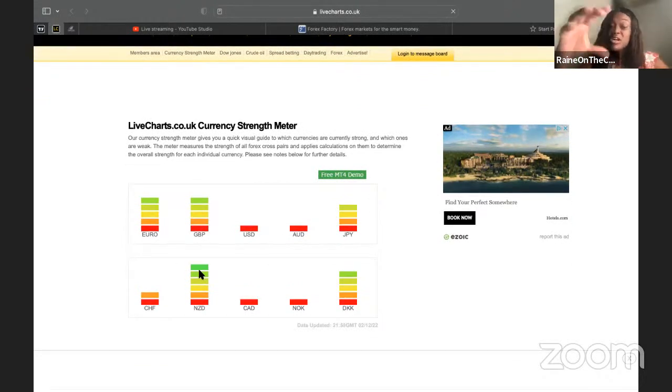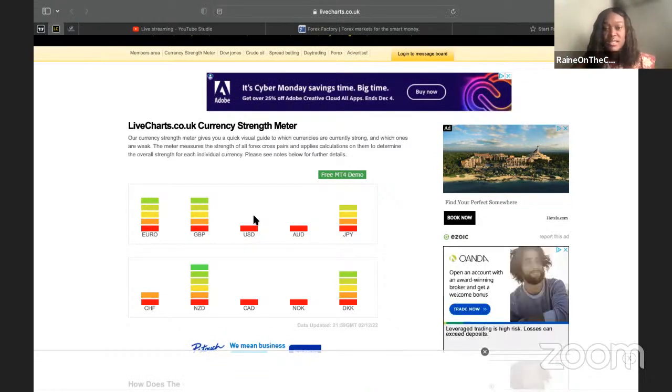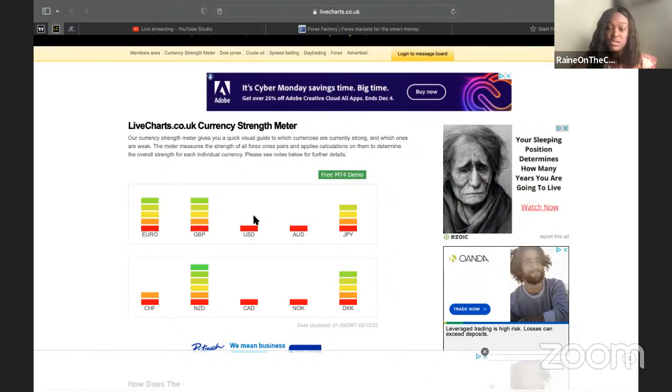So the more bars there are, the stronger that currency, the less bars, the weaker the currency, right? So when trading, I'm looking to buy or go long when currency one is stronger than currency two. I'm looking to sell or go short when currency one is weaker than currency two.